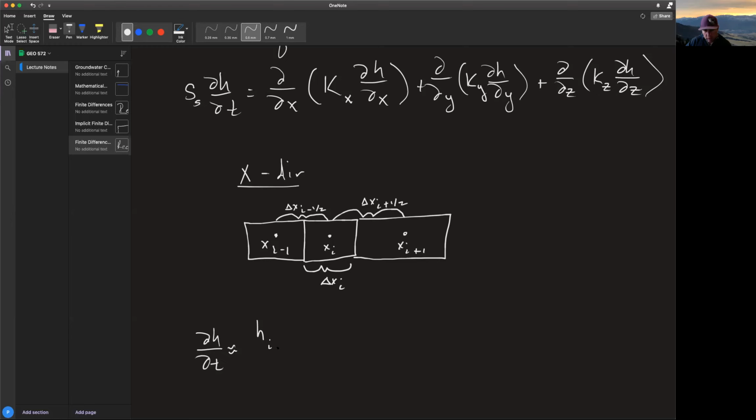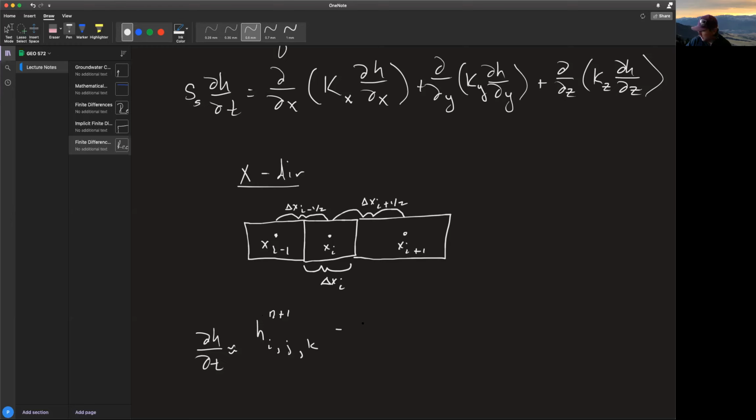Because I'm in 3 dimensions, I'm going to have 3 subscripts, i, j, k for x, y, z, and I'm going to use n for time at the top.